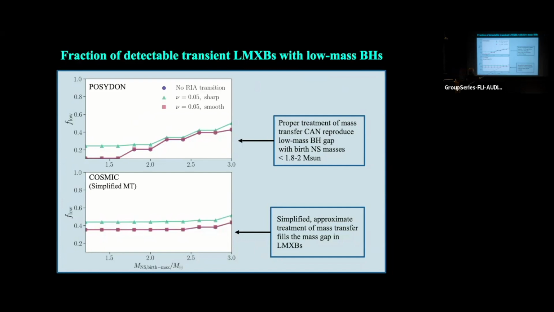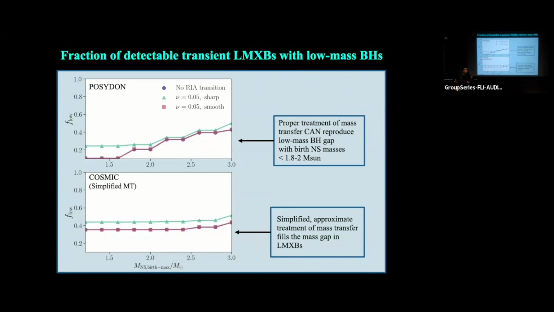This stayed at 40% as for one of the models I showed you. There are models that bring it all the way up to 100%. There are no models that bring these runs anywhere above 40% out here for very massive neutron stars. And for low mass neutron stars, you're always at 20% or below.